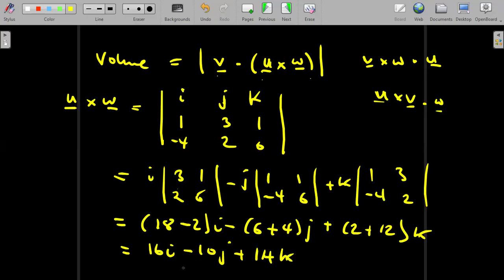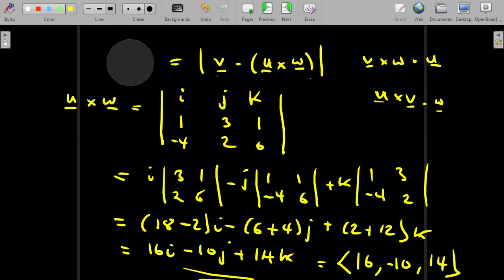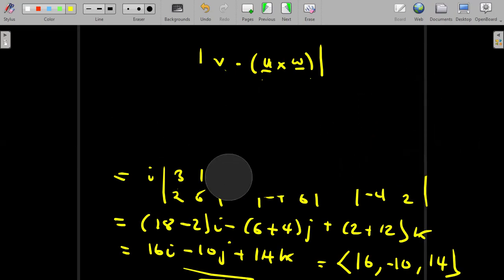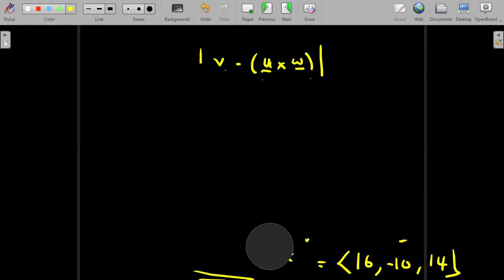So this here is the cross product of u and w, and I can write this as 16, negative 10, 14 like that, and this is my vector there. So now from here I will replace in the formula this vector that I've just found.